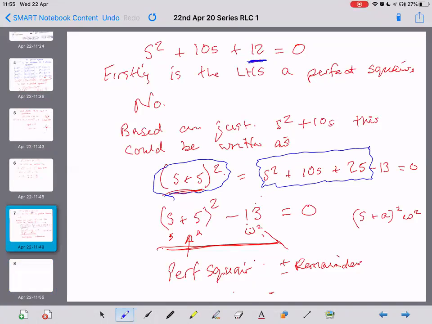It's got 12. So if we take 13 away from 25, we end up with 12. So that 5 is contained within that s plus 5 squared bit, because when you multiply the s plus 5 back out, the last thing you do is 5 times 5, which is 25.